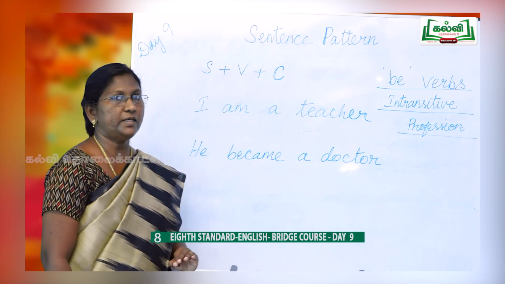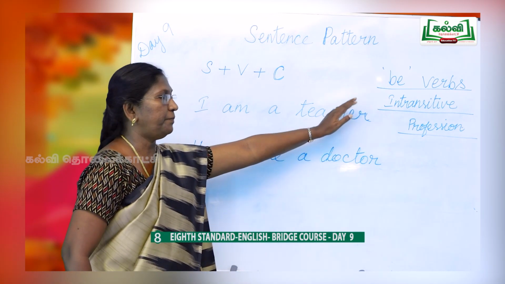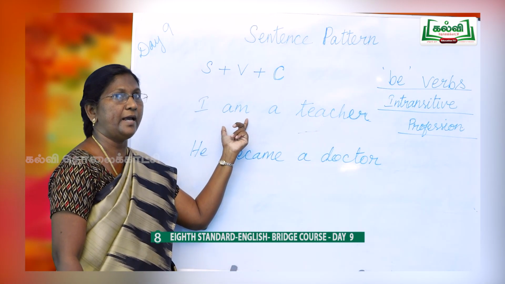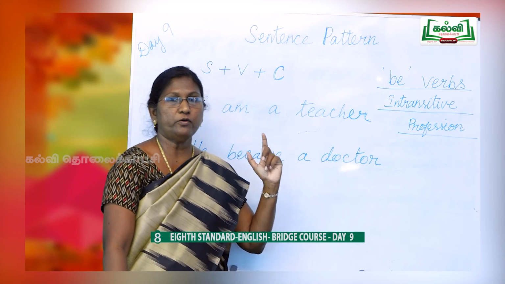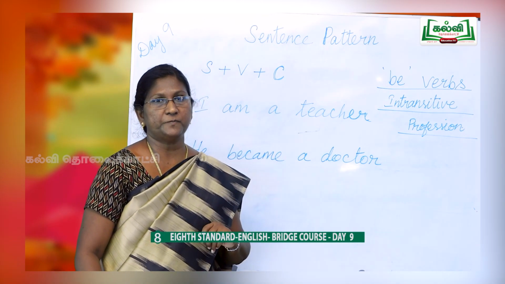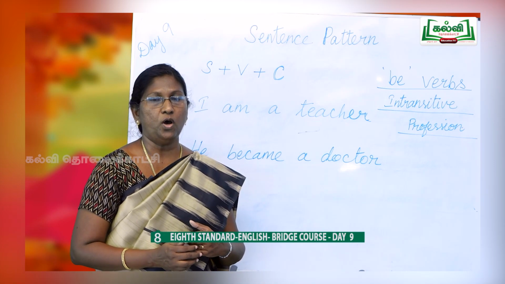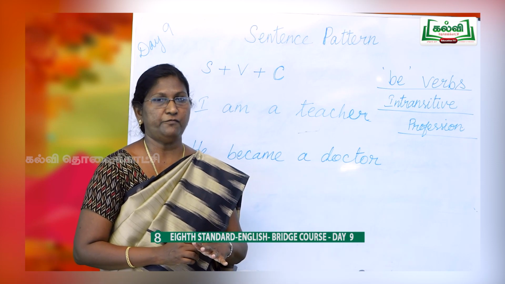So in three ways we get this complement in a sentence, usually with be form verbs. Here the first one we have got is am. So am is a be form verb. Can anyone of you recollect the be form verbs? Yes, am, is, was, are, were. All these are called be form verbs.